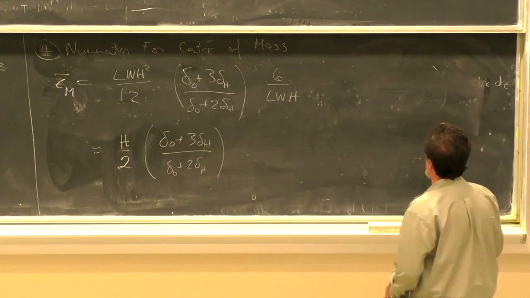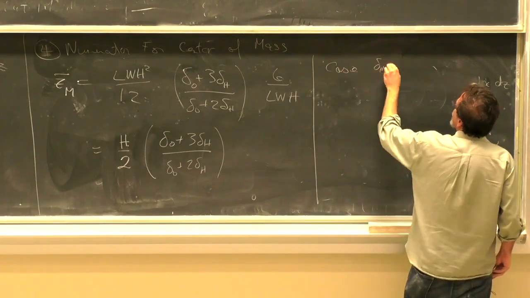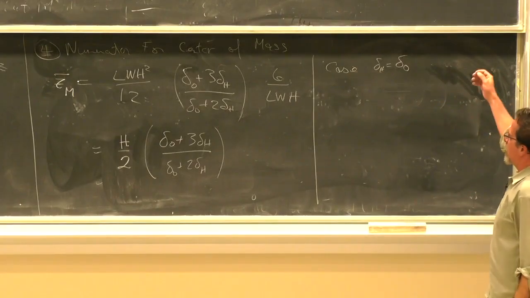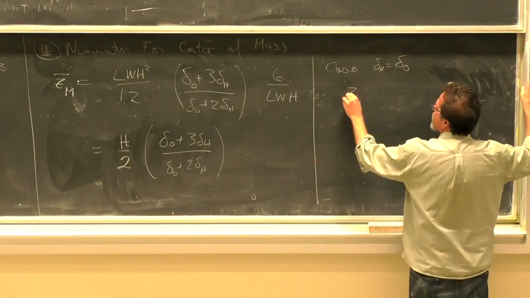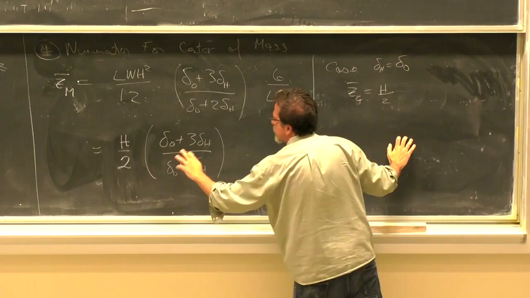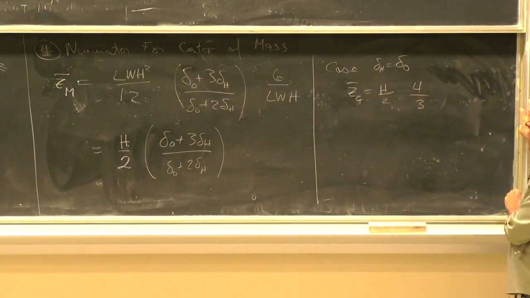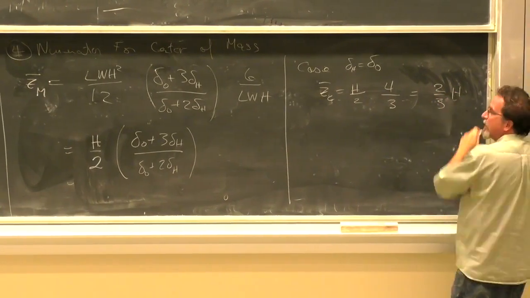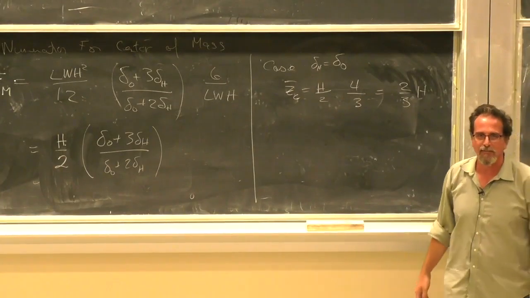If delta h equals delta 0, then z bar is equal to h over 2 times, and you can factor out the delta 0 here, so you're going to get a 4 divided by 3. Oh, yeah. 2/3 h. Ta-da! Thank you very much, those of you who are awake.